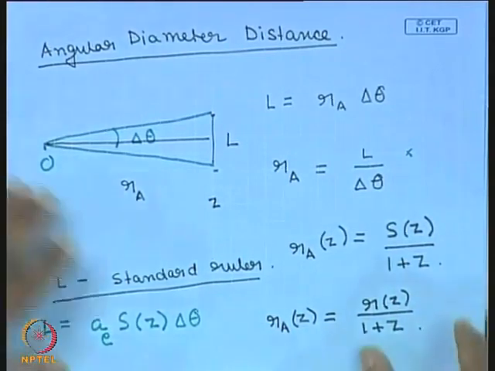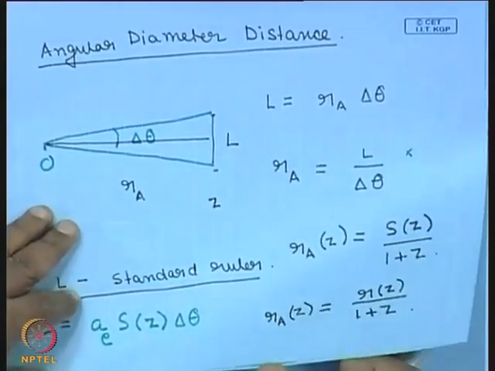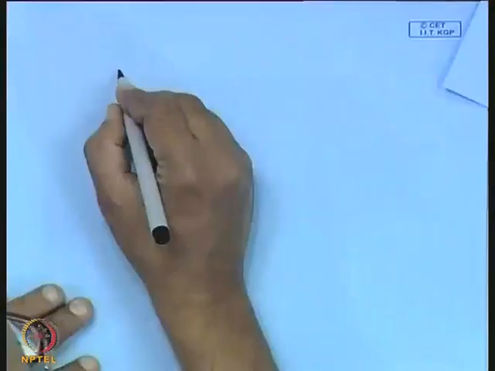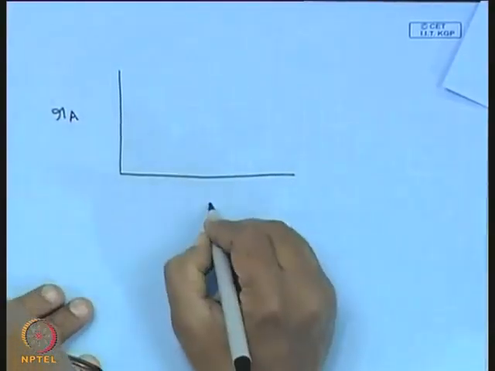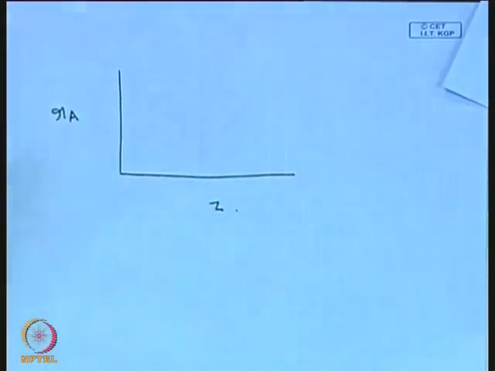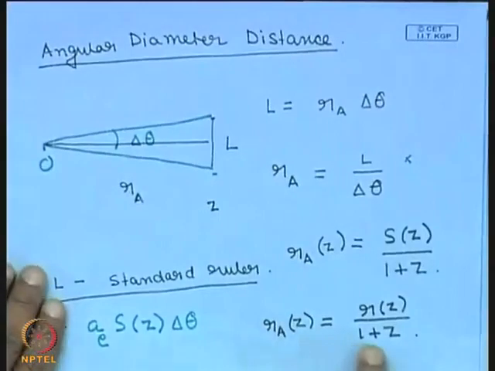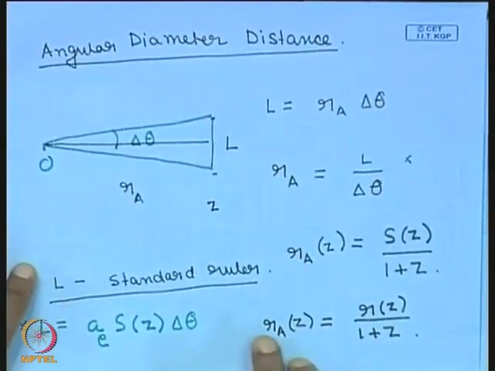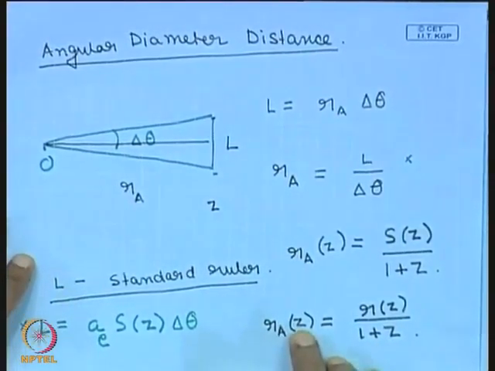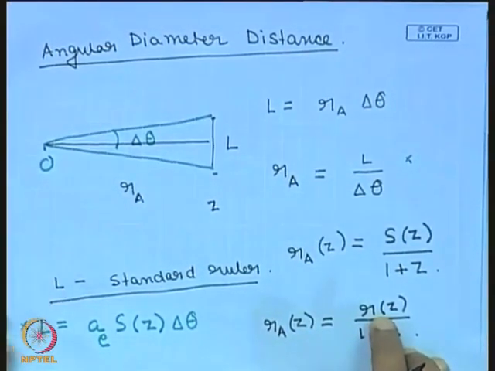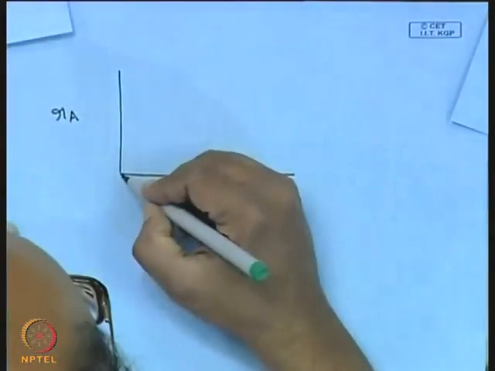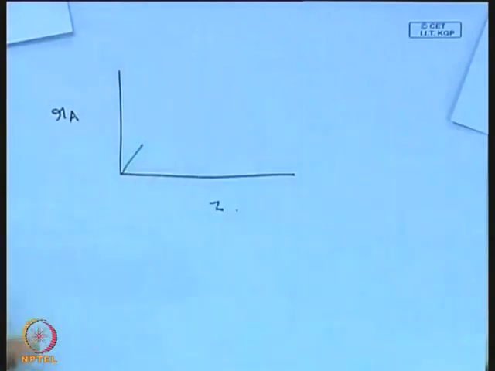So let me draw a graph for this. Again you see for small z, the angular diameter distance is the same as the comoving distance, which we have seen follows Hubble's law. So for small z it is going to be a linear behavior which is exactly the same as Hubble's law.